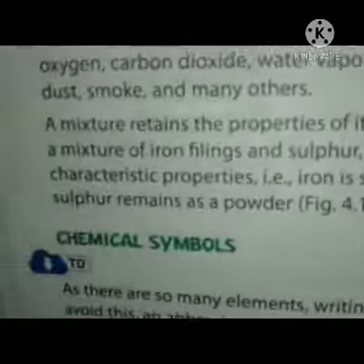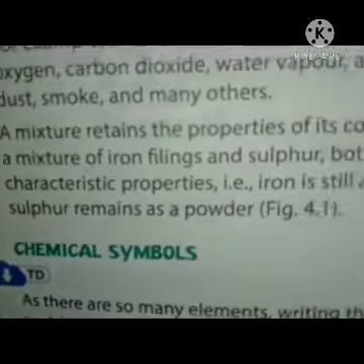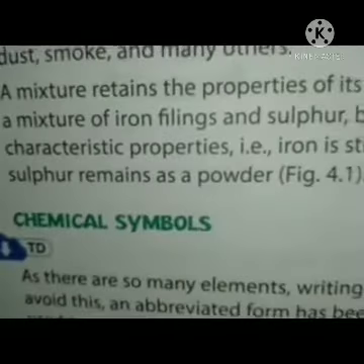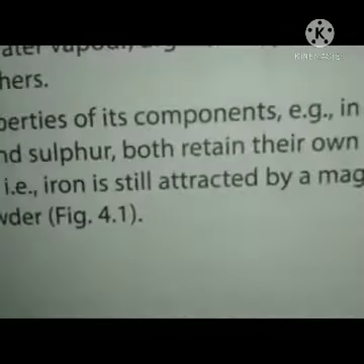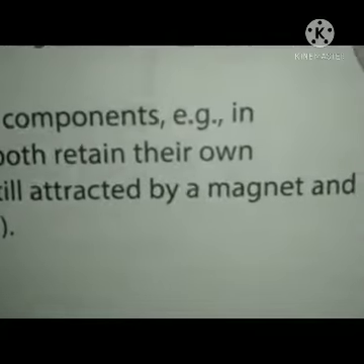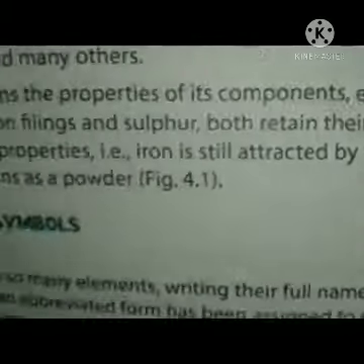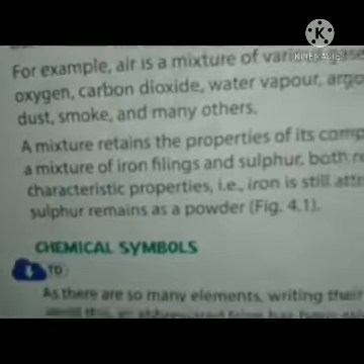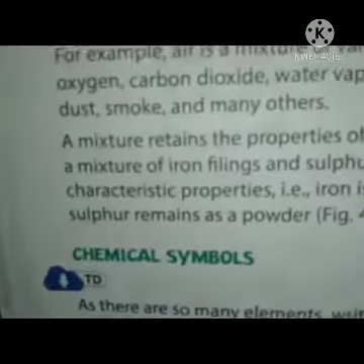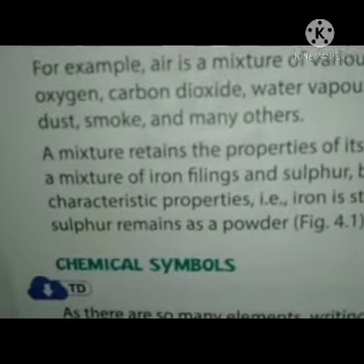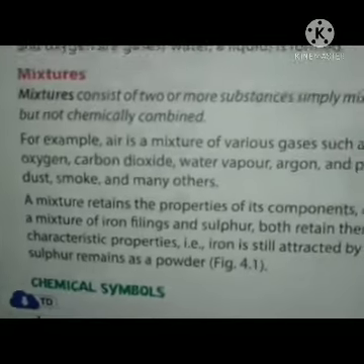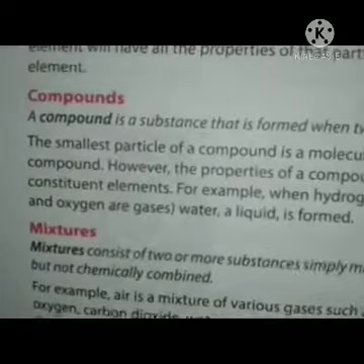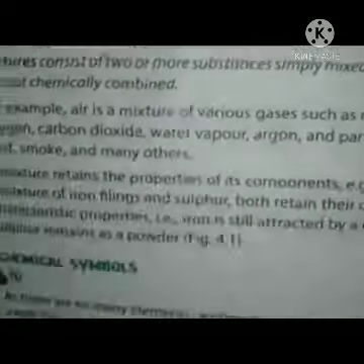For example, in the mixture of iron filings and sulfur, both the properties of the iron as well as the properties of the sulfur will still be present, and the iron can be separated by attraction of a magnet, isn't it? So the sulfur part will remain behind. So in a mixture, the chemical properties of the components remain intact, but in a compound, this is not going to be there. A new set of properties are there.